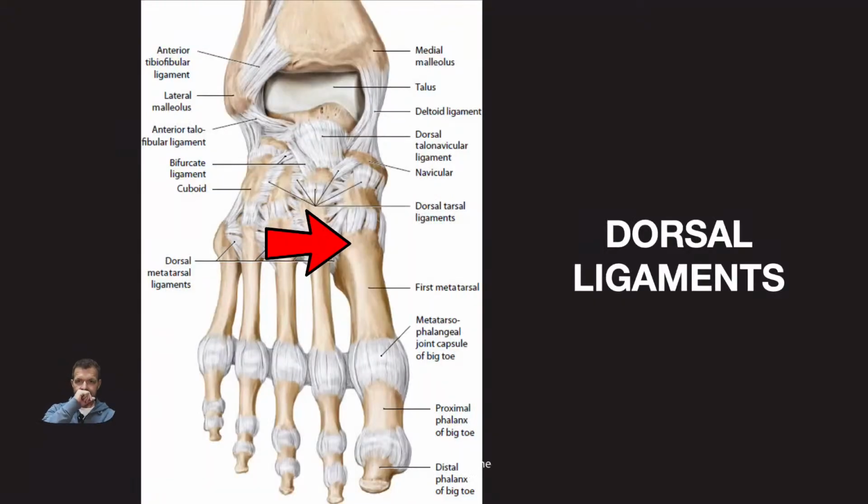Cool, okay. Now we're going to have a look at the dorsal ligaments. If you look at this picture, these all look as if they're individual ligaments and you can see them really clearly. And look at all the different names: the dorsal metatarsal ligaments, the bifurcate ligament. There is no way that you're going to be able to palpate these individually and identify a specific ligament that is injured.